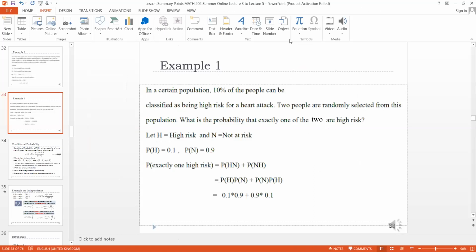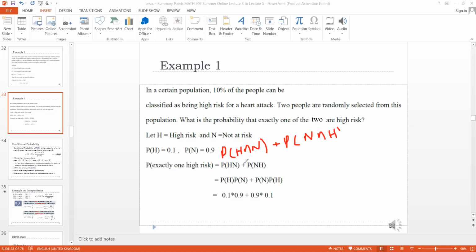Okay, so like I was explaining, if you want exactly one of the two, then it's going to be the probability of the first person being high risk and the second person being not at risk, plus the probability of the first person being not at risk and the second person being high risk.